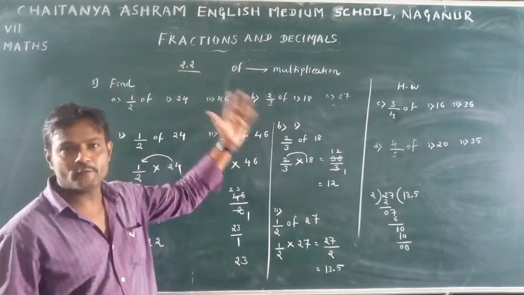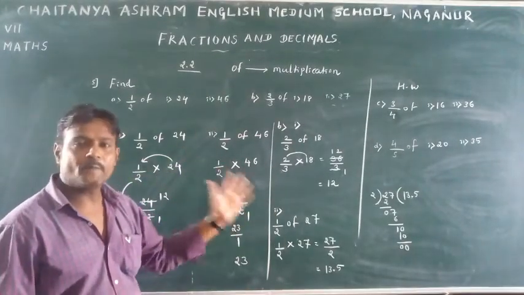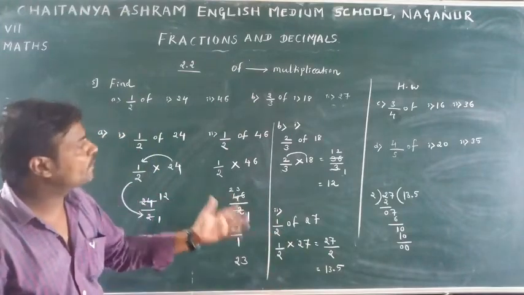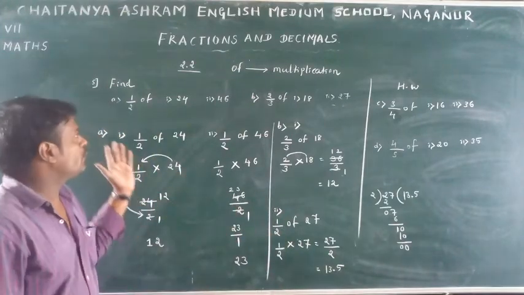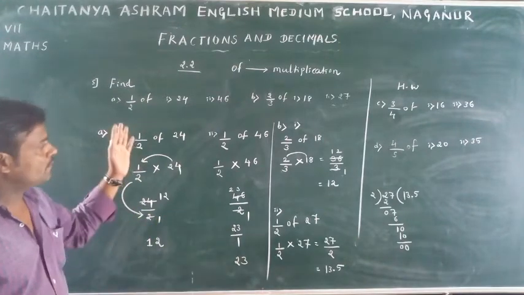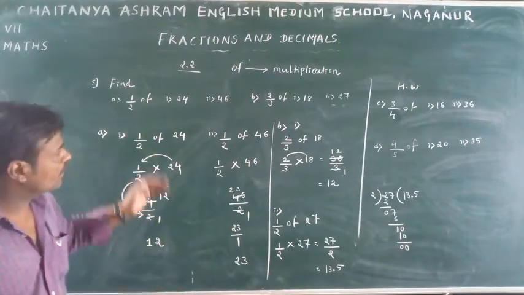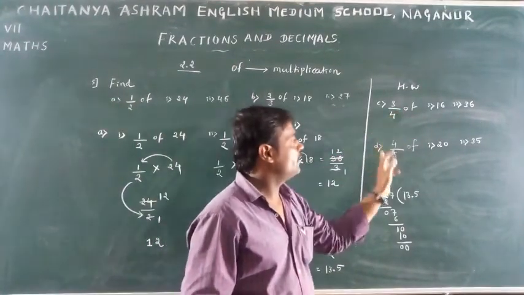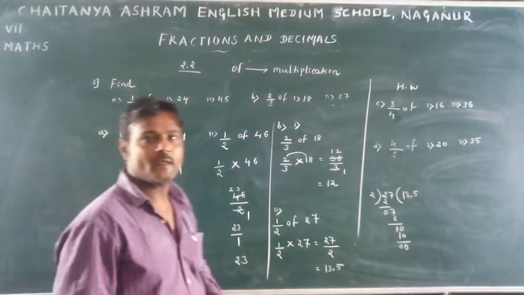Understood? These are the applications. These are nothing but multiplication of a fraction by a whole number or a whole number by a fraction. Understood? Clear? Okay. Dear children, pause the video, write these answers and do these in your rough book.